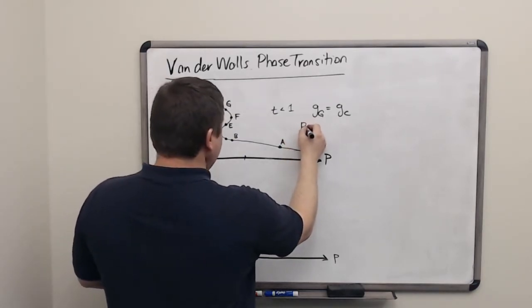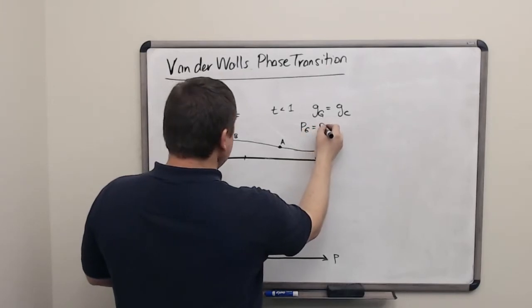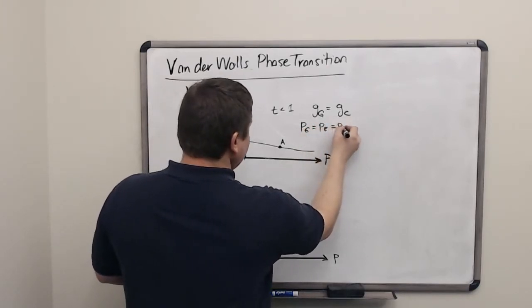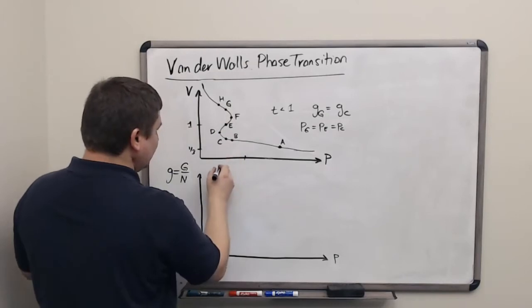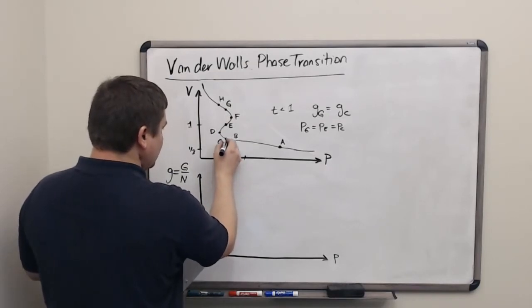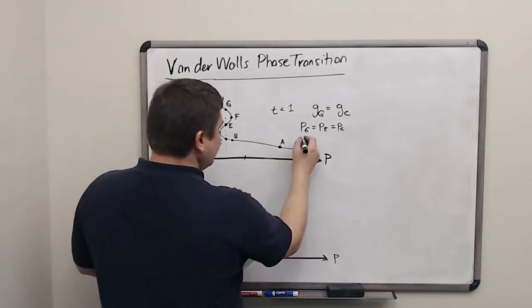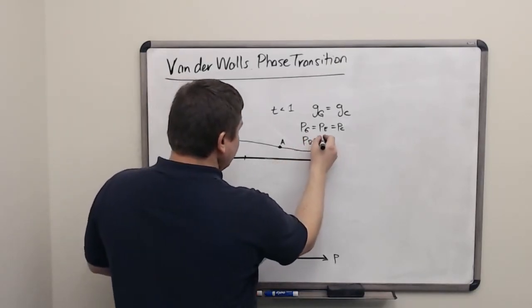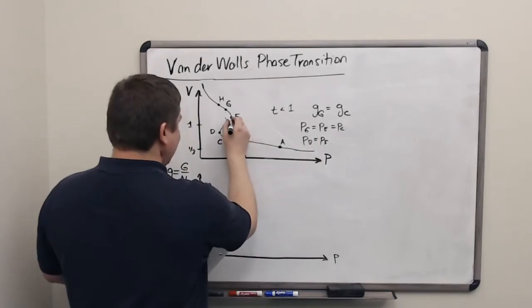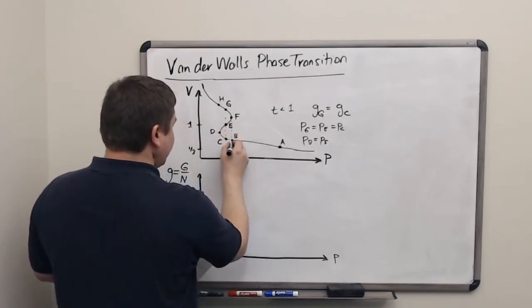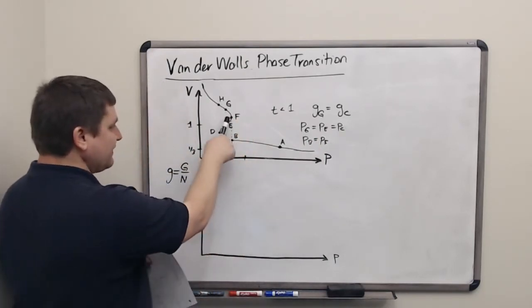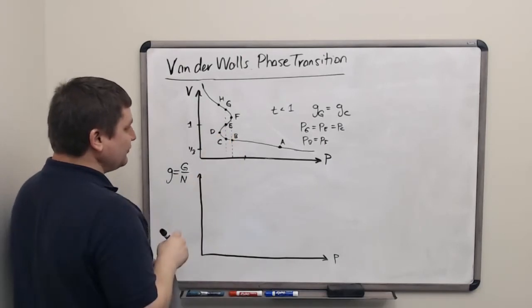P at G is equal to P at E and P at C. Those are all the same pressure. Vertical line there. The pressure at B is intended to be equal to the pressure at F. F is right at this maximum pressure point.